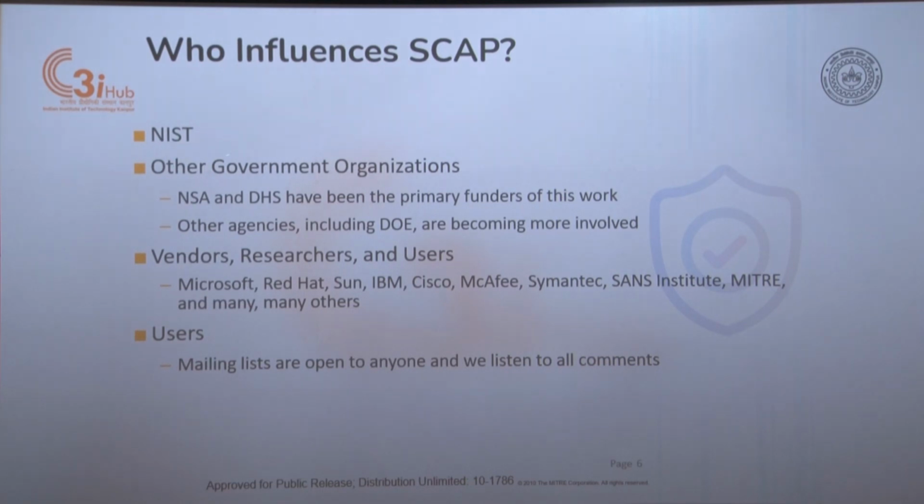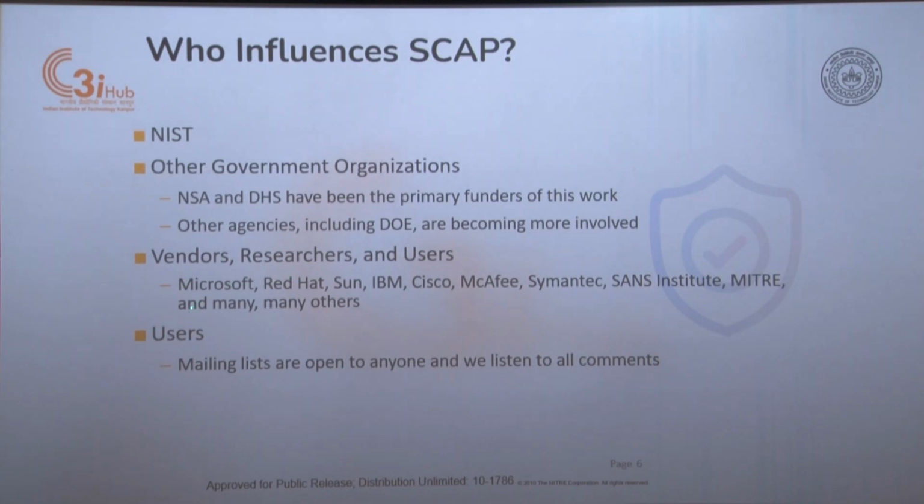So NIST, the National Institute of Standards and Technology, obviously is the main organization that came up with and spearheaded this. Also the National Security Agency and the Department of Homeland Security were the primary funders. And then there is also the Department of Energy, which is the regulator for energy systems.